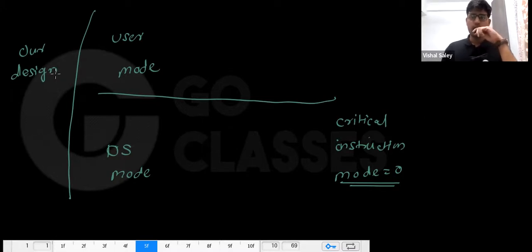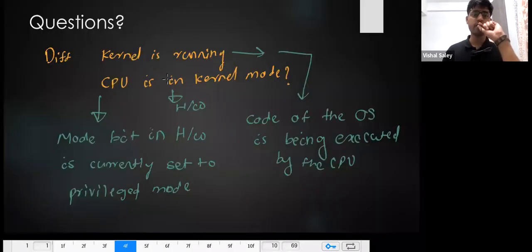Okay. So in this particular design, whenever the operating system is running, the mode bit will be 0. This is by design. So in some sense, when we say the CPU is in kernel mode, it means the operating system is also running. But there can be some corner cases. For example, an interrupt comes in and it executes some generic, fixed code.